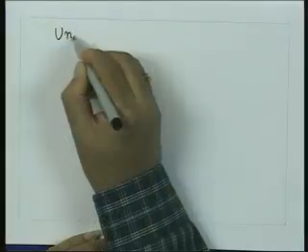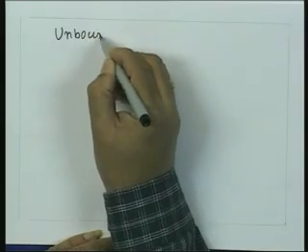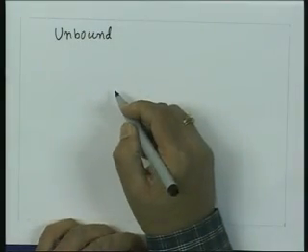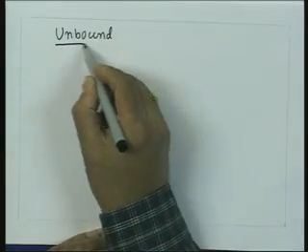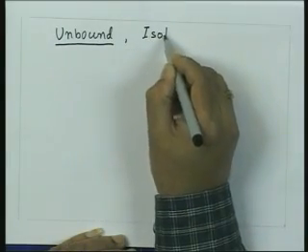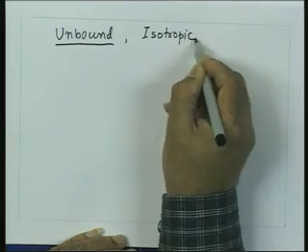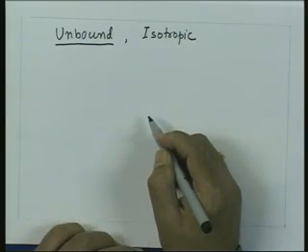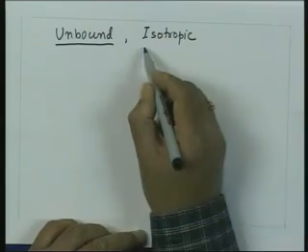So now let us consider a medium which is unbound. We are now investigating a medium which is unbound. That means there are no boundaries, so there are no boundary conditions to be applied. Also assume the medium is isotropic. That means the permeability and permittivity of the medium are scalar quantities.